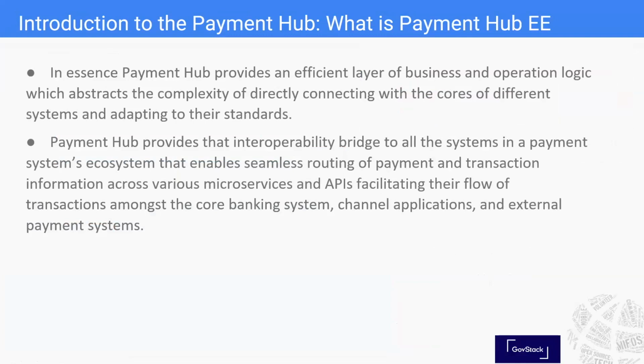So basically, in essence, Payment Hub provides an efficient layer of business and operational logic. What it is actually doing is, because it's not initiating the payment, it is not processing the payments itself, but it is providing all the necessary business logic that is required to enable the payment to be carried out successfully.